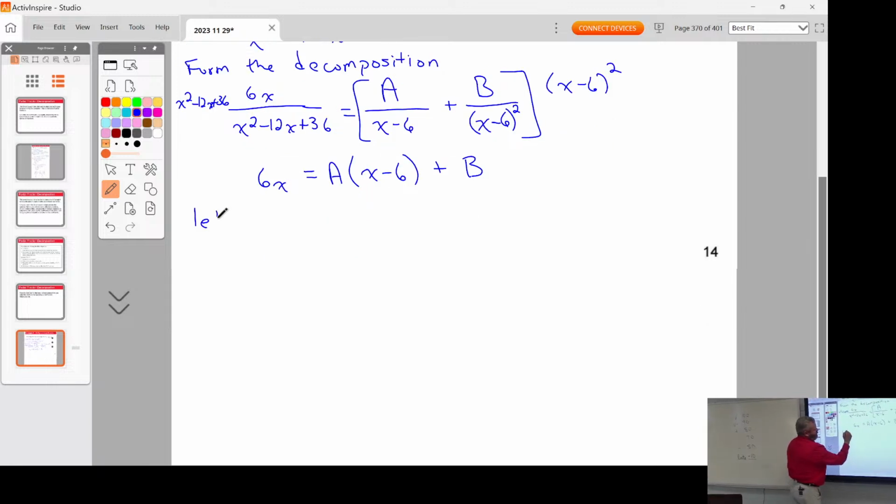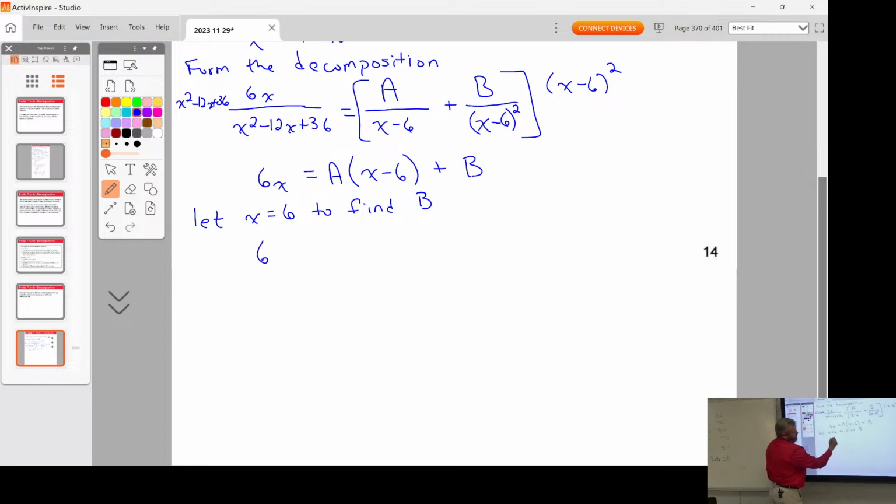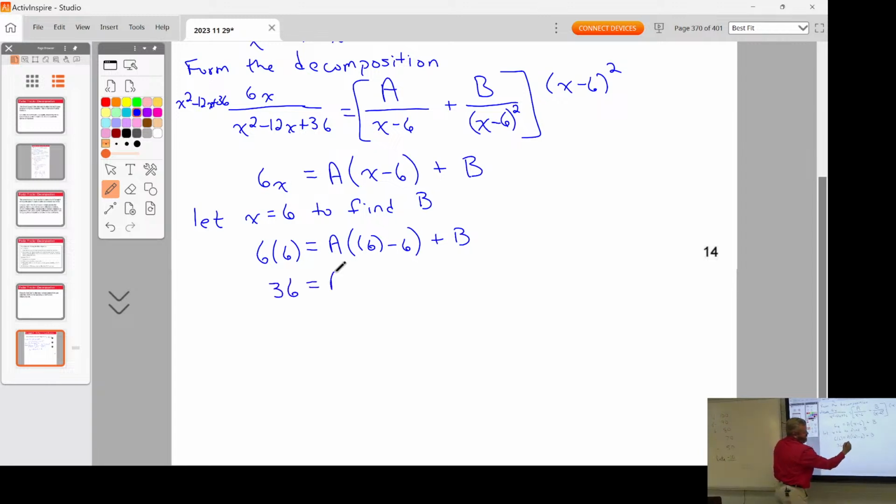So let x equal 6 to find B. That gives us 6 times 6 equals A times 6 minus 6 plus B. 36 equals A times 0 plus B. What's B?